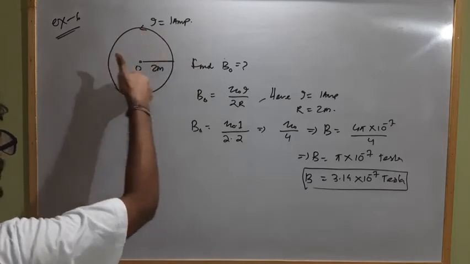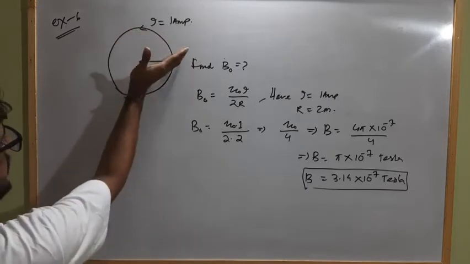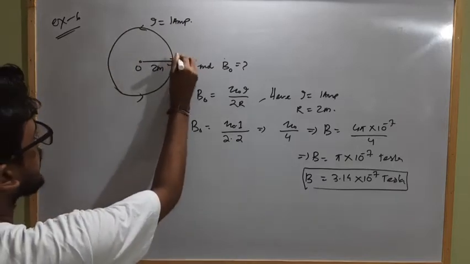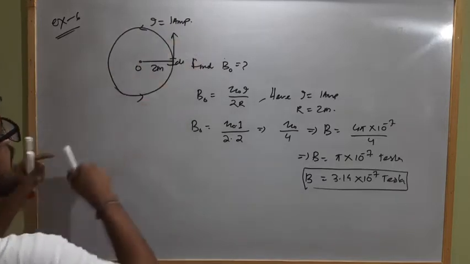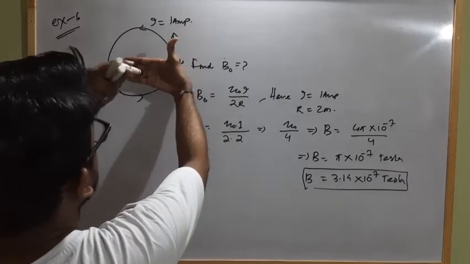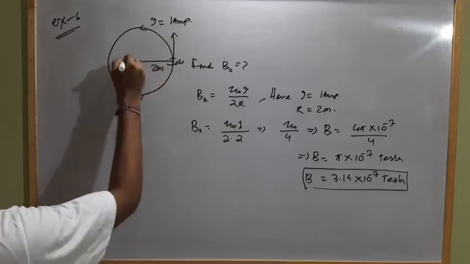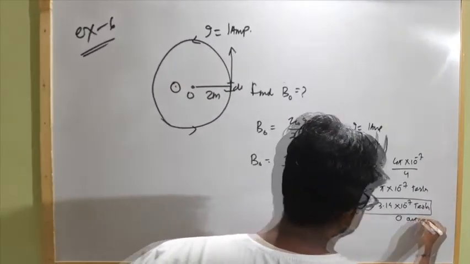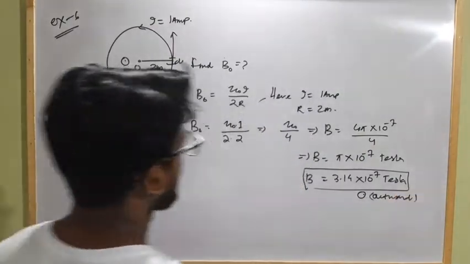If the current is flowing in an anti-clockwise sense, curl the fingers like this and the thumb will be outward. Or, if here is the current carrying element dl, the tangent direction dl is along the thumb, the position vector is along the finger, so the palm is outward, and the magnetic field strength will be outward. Clear?